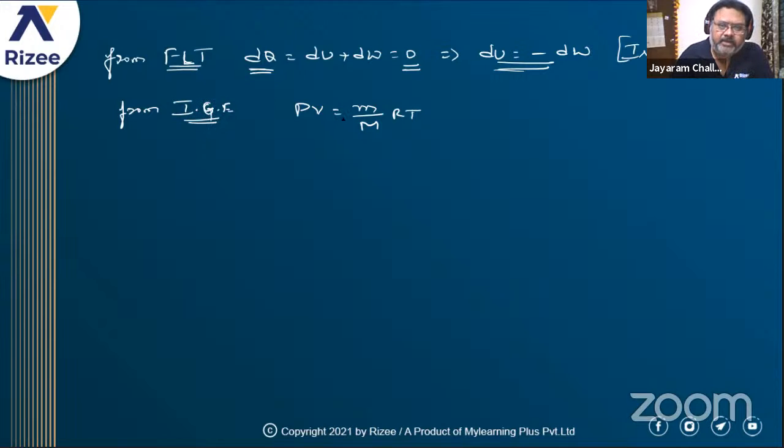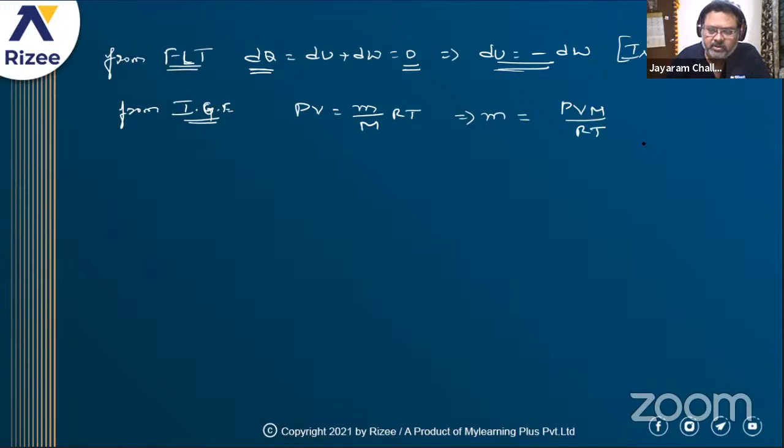Now from the ideal gas equation, PV is equal to the number of moles, and the mass can be written in this format. From this relation, the mass is equal to PV into molecular weight by RT.